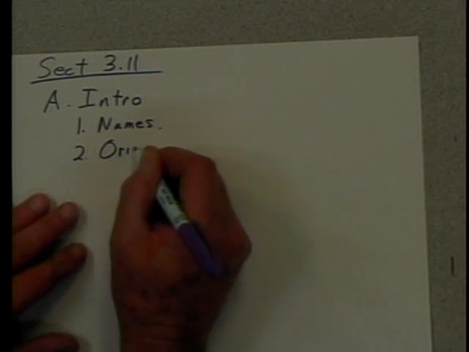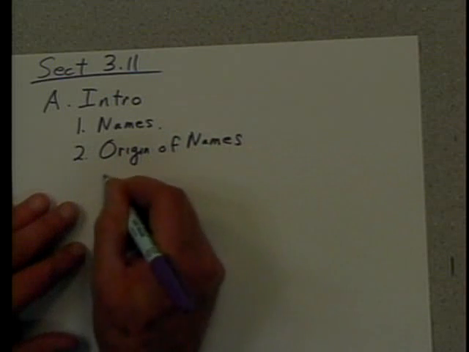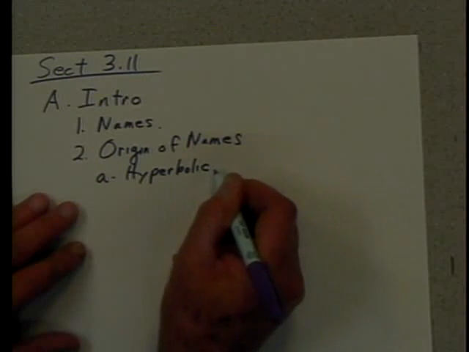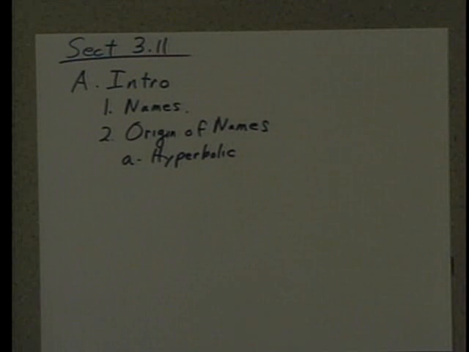Then I was looking at the origin of names, and the hyperbolic part came from the fact that graphs of hyperbolic functions tend to have asymptotes. Out of all the conic sections, circle, ellipse, parabola, hyperbola is the only one that had asymptotes like that. So it has asymptotic behavior similar to what a hyperbola has.